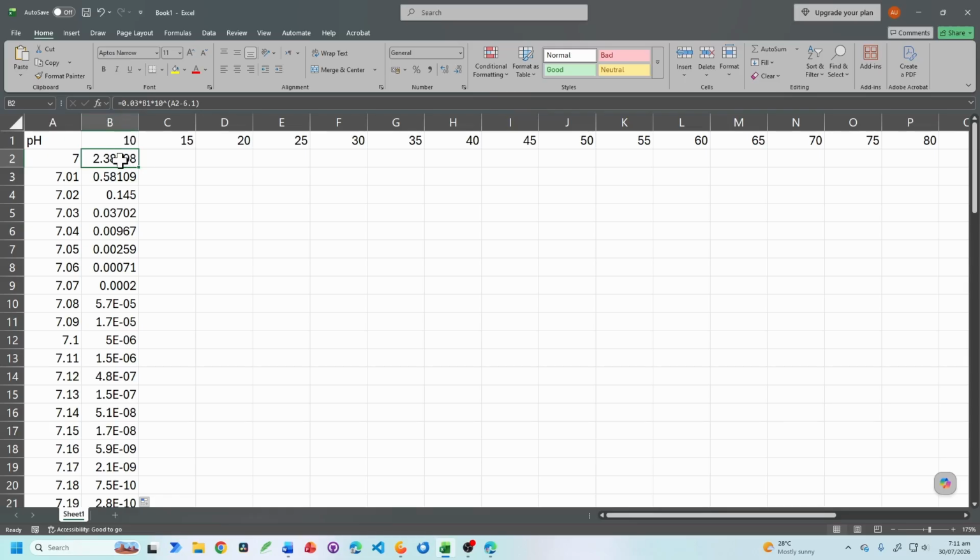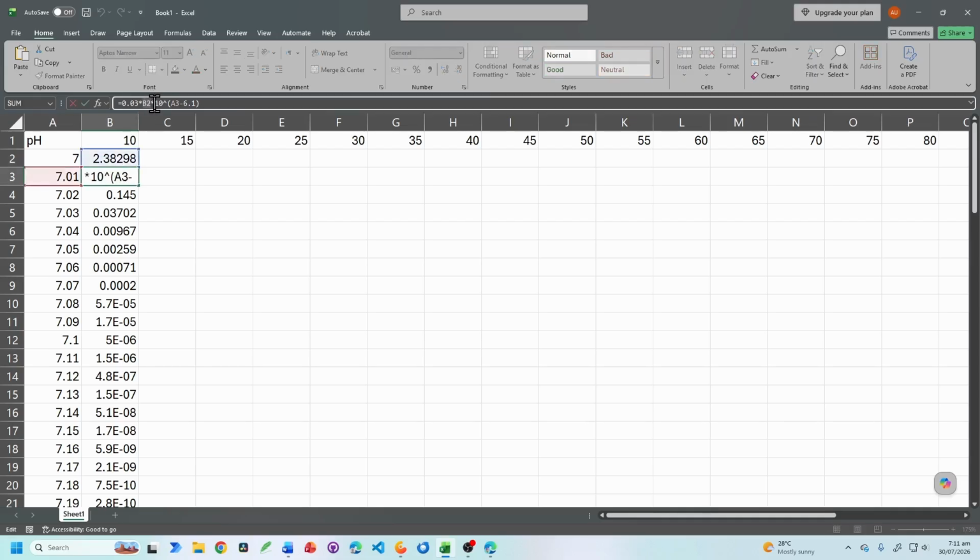Initially, for this cell I selected B1, B and 1. I selected B1 for the PCO2, but when it moved down, it selected B2, the one below it, for the PCO2 value. So that is why it got the wrong value.